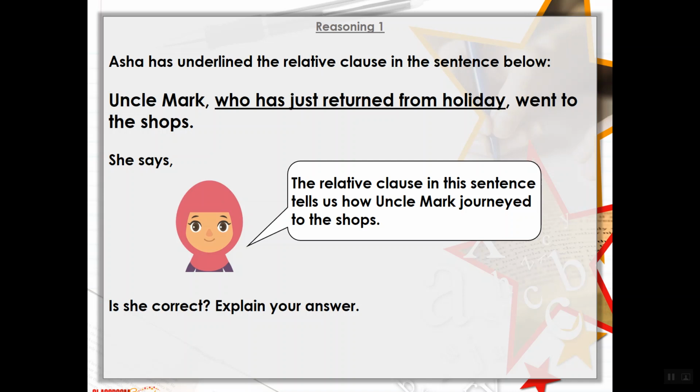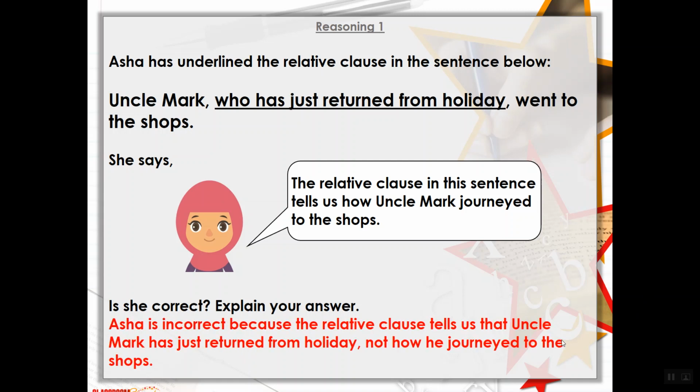Explain your answer. Well, it's not really telling us about how he went to the shops. It's telling us that he's just got back from his holiday. So she must be wrong. Let's see. Asher is incorrect because the relative clause tells us that Uncle Mark has just returned from his holiday, not how he journeyed to the shops.